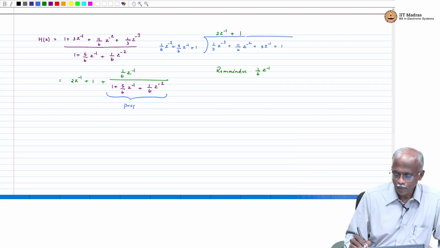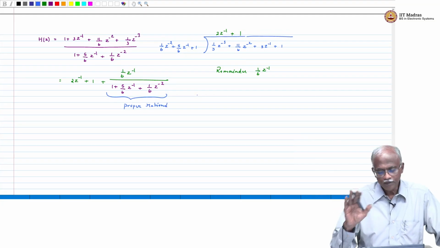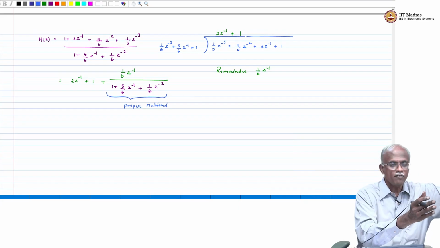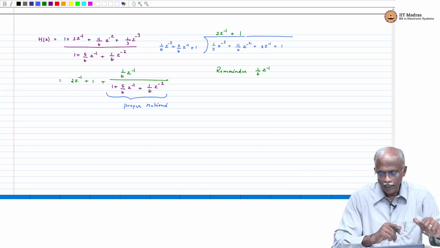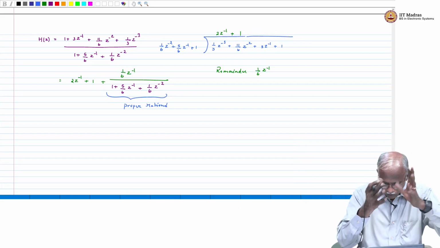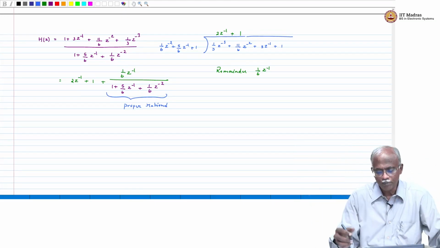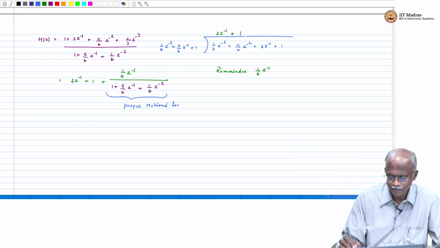This is a proper rational form. Okay, so what have we done? We took the improper form and then took out a factor, basically the quotient, and then what was left over we wrote it as a proper rational form.